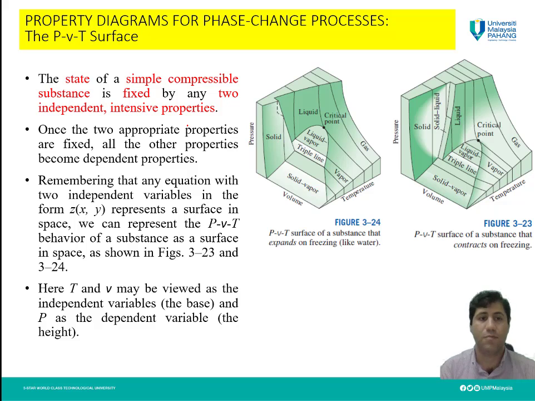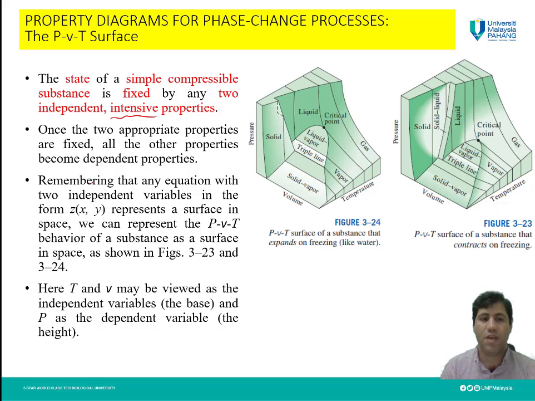Why can we do this? Because as you know, the state of a simple compressible substance is fixed by any two independent intensive properties. I have already introduced all of these terms, what intensive properties are and so on. So if we know the volume and temperature, with their fixed values, then we can see how the phase of that material changes with changing pressure, for example.